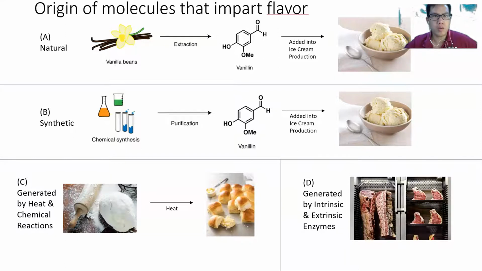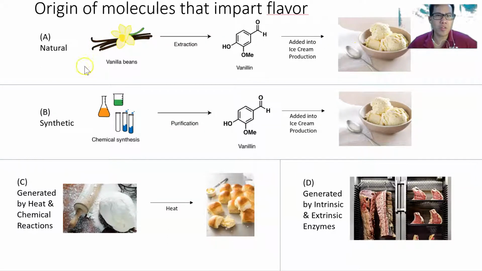All this will be utilized in the following lectures, so make sure that you can distinguish these types of origins. The first one is that you can get it from a natural source, like they extract the vanillin from the vanilla beans. Once extracted, the vanillin can be added into your food products like vanilla ice cream.